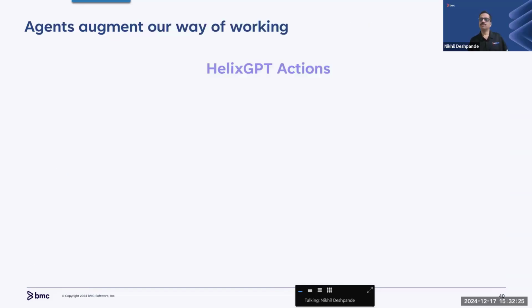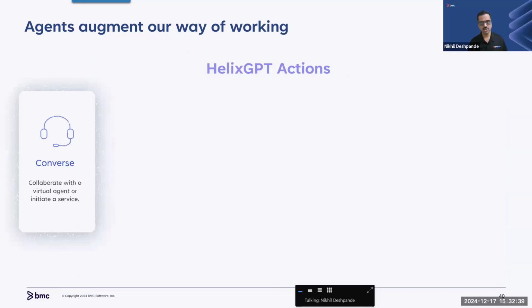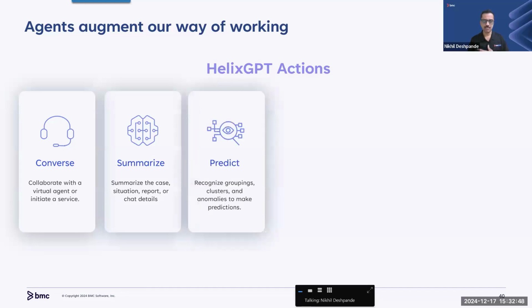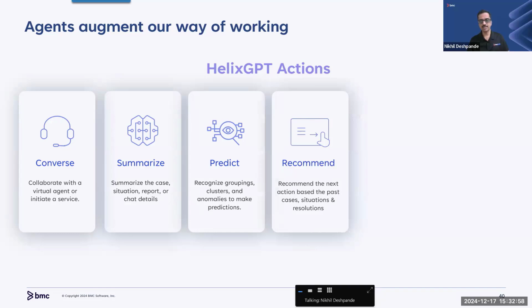At BMC, we are delivering these capabilities through BMC Helix GPT. BMC Helix GPT is our generative AI, or broadly our AI solutions, to address a number of these use cases. We've come up with several actions within Helix GPT. Converse: collaborate with a virtual agent or an AI system to be able to provide a service.